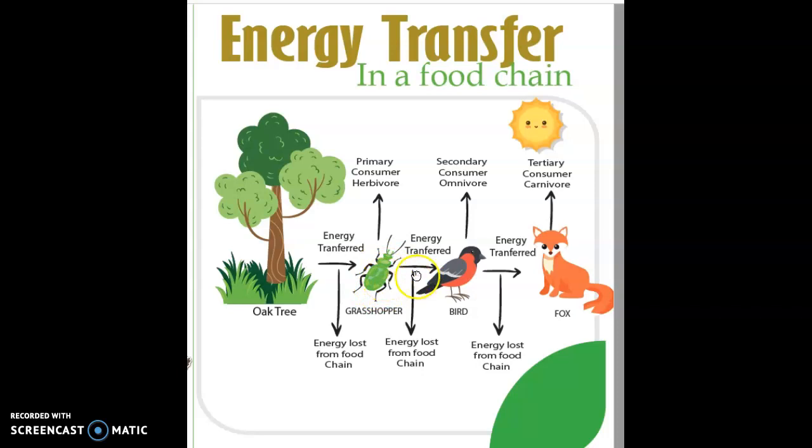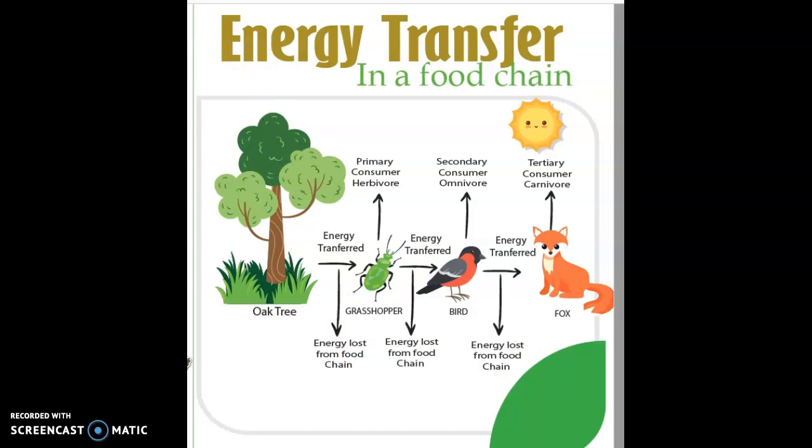When the bird eats the grasshopper, the energy from the grasshopper is transferred to the bird. And finally, the fox eats the bird, and the bird's energy is transferred to the fox. In each step of energy transfer, some energy will be lost.